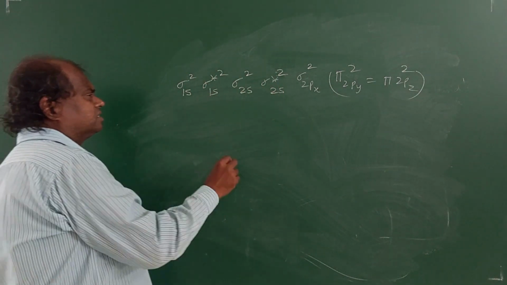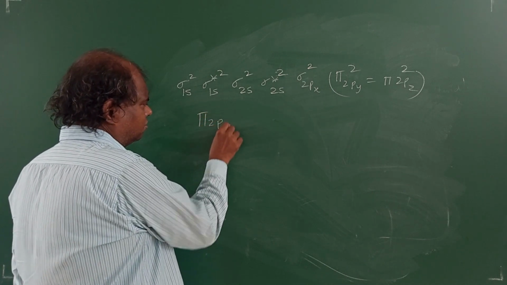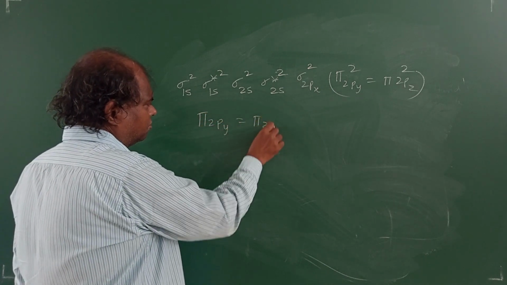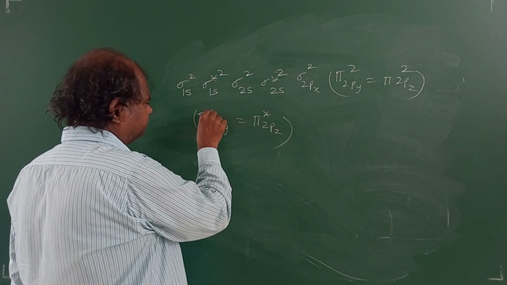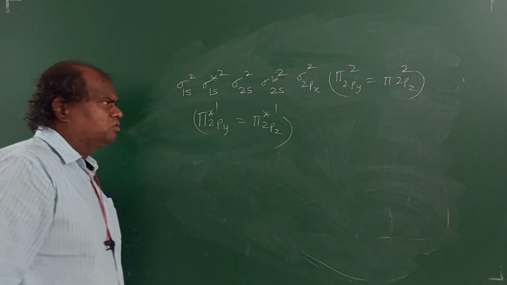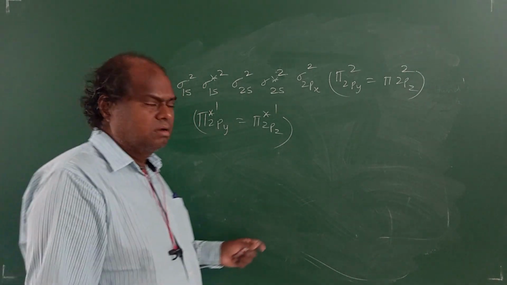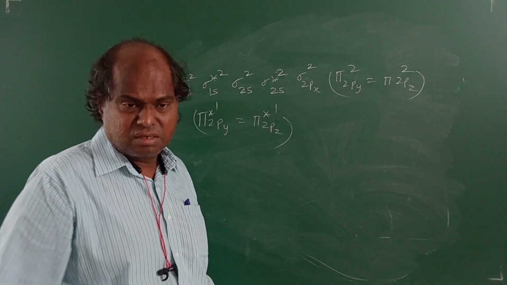Now you have to fill 15 and 16. So you will fill 1, 1 electron here, in pi star 2py equal to pi star 2pz, correct? 1, 1 electron.